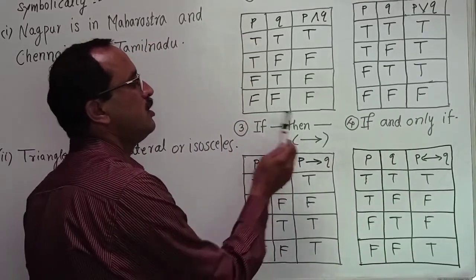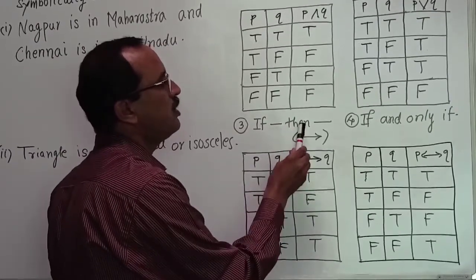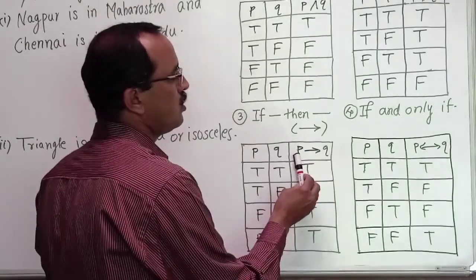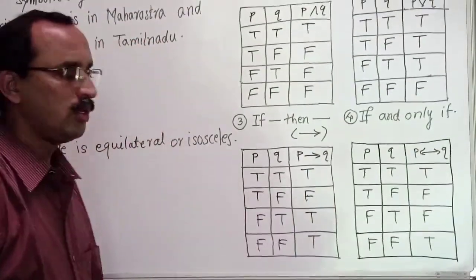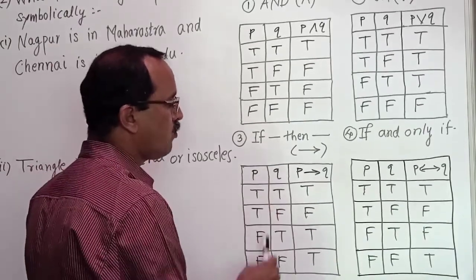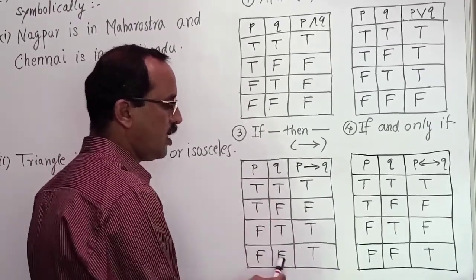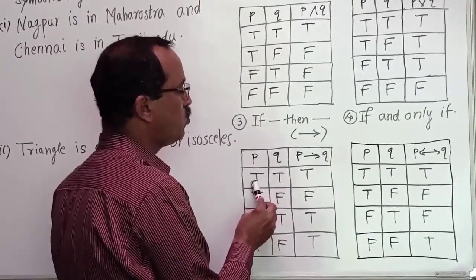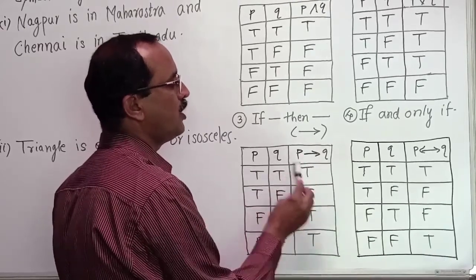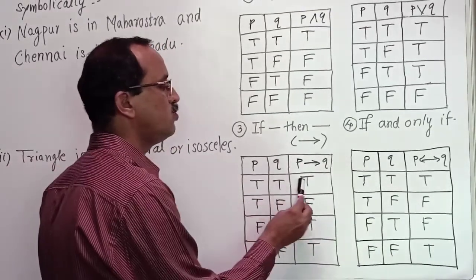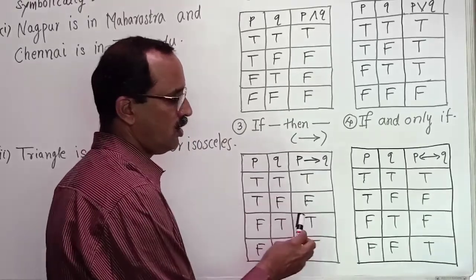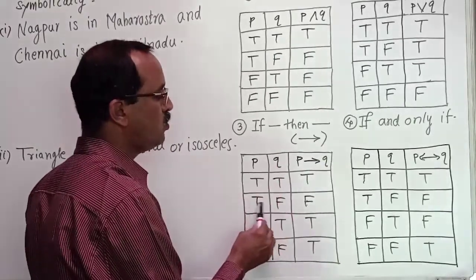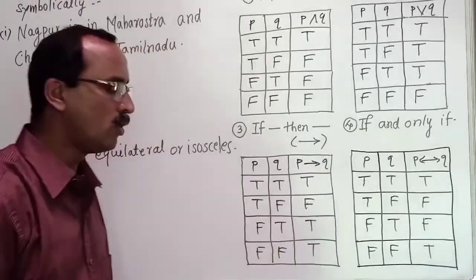Then the conditional statement, if then. If P then Q, we read as P implies Q. Here also there are four possibilities: TT, TF, FT, FF. TT gives T. TF gives F, means first statement true, second statement false, then the resultant is false.